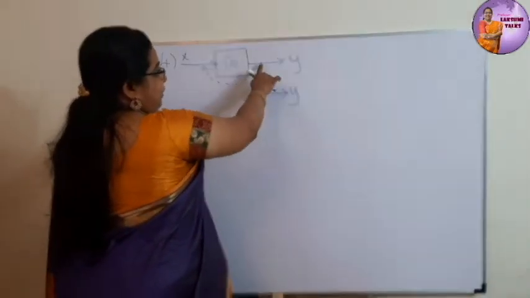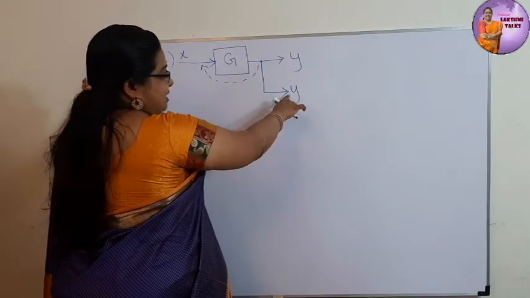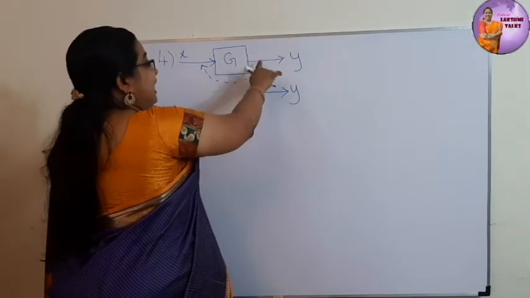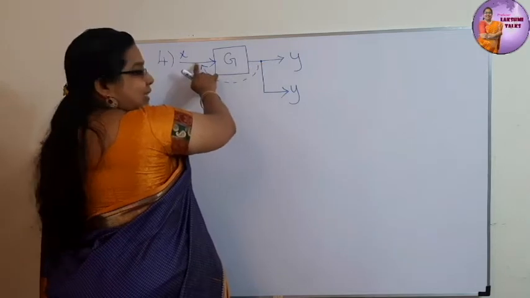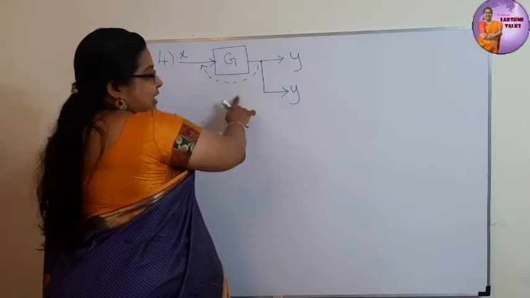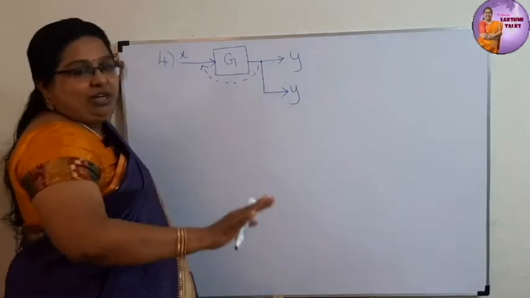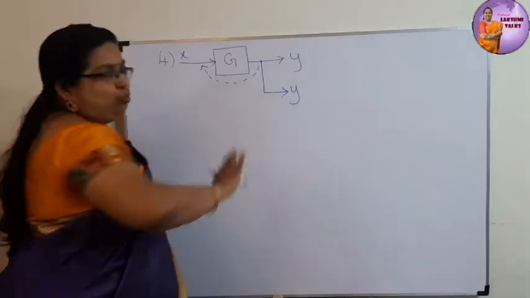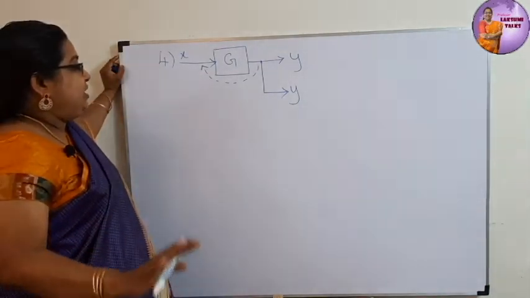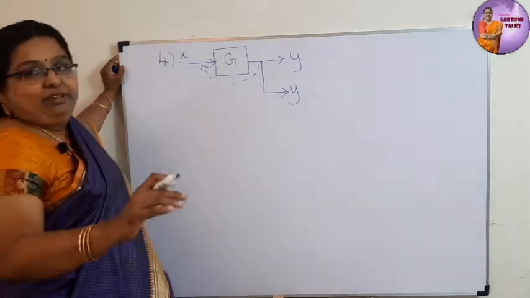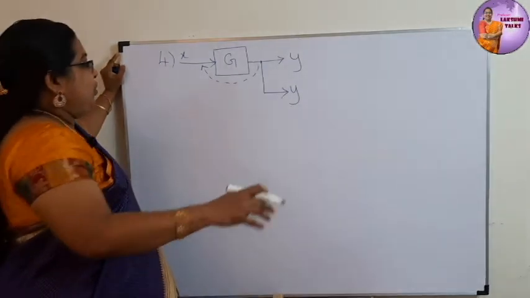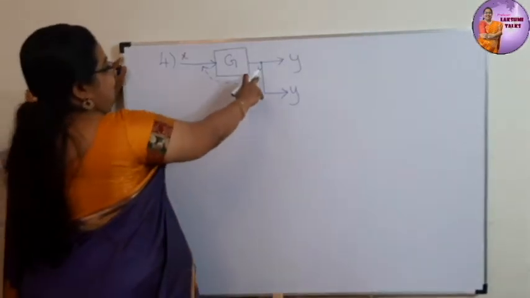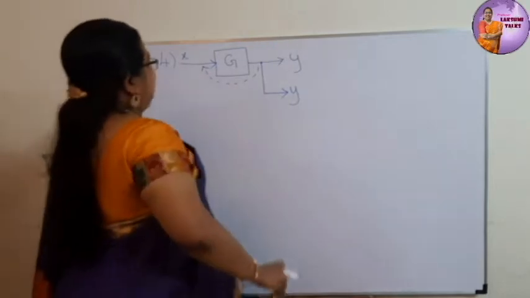For example, this takeoff path has a signal y. Even if you shift the takeoff path here, the signal should be y. Whatever is there in this path should not be changed. With that in mind, we have to decide the rule.